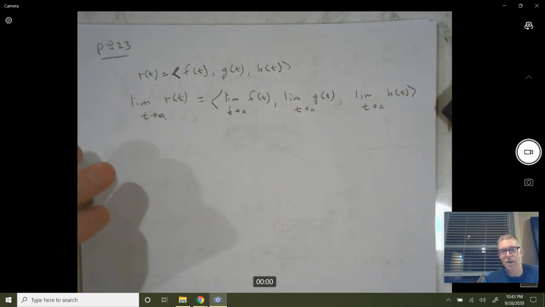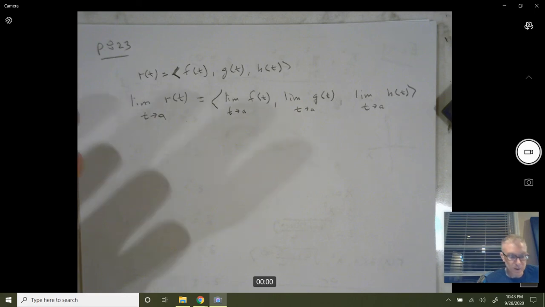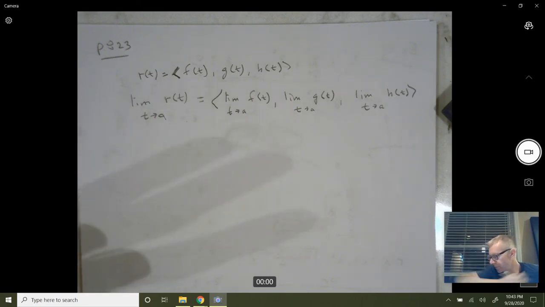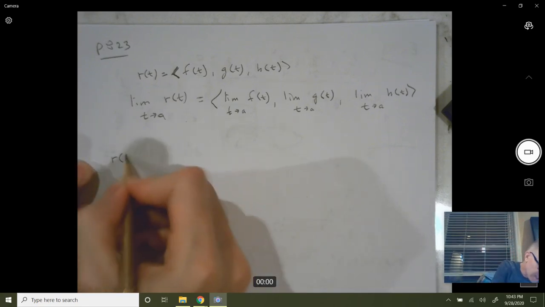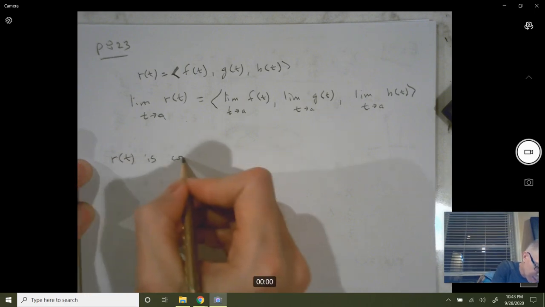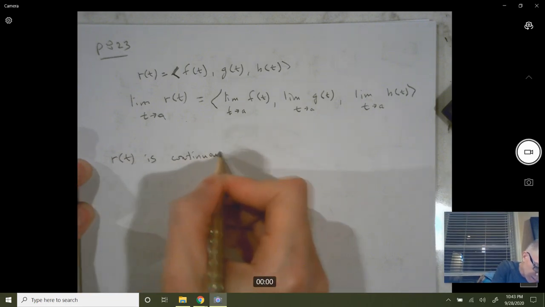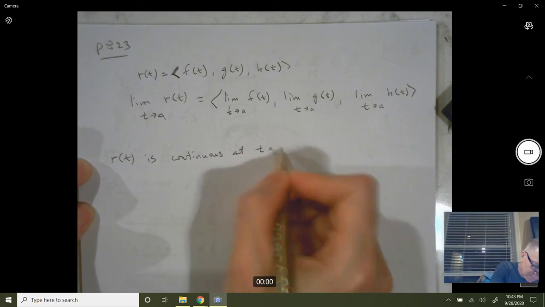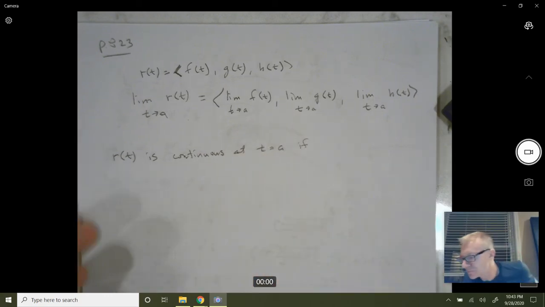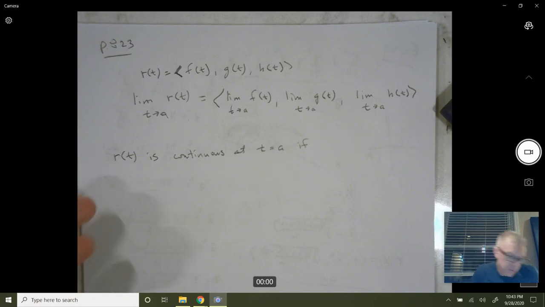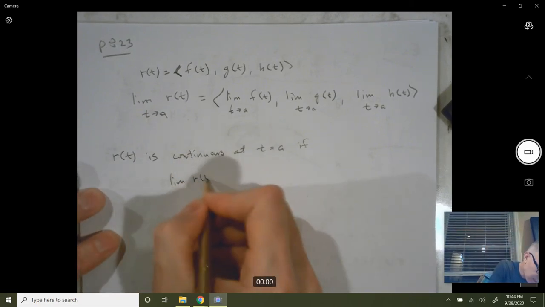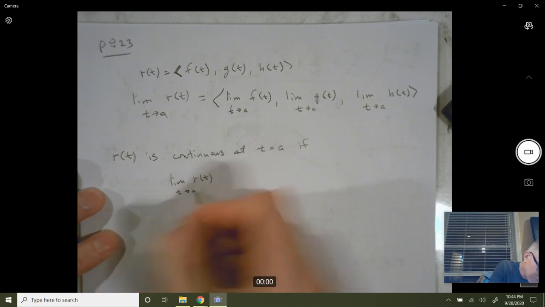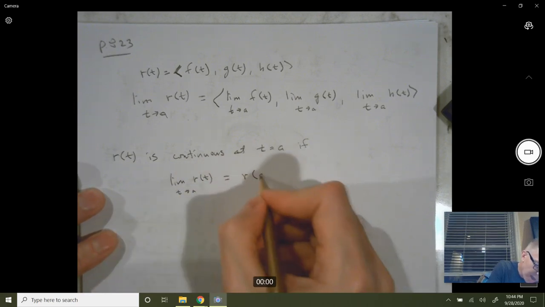Okay, what I want to say is a vector valued function is continuous. So R of t is continuous, let's say at t equals a, if the limit of R of t as t approaches a is equal to the value of R of a.